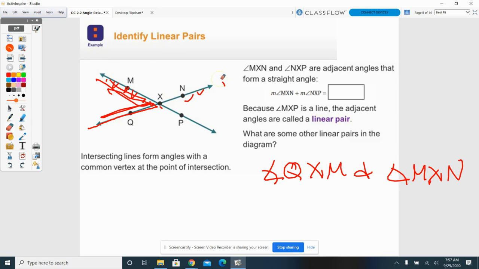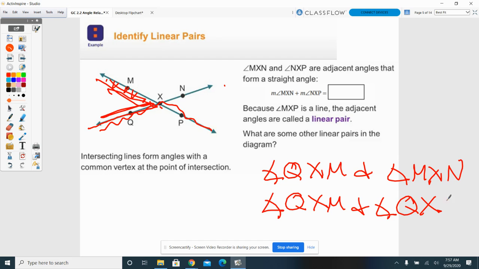Or I could have gone the other way, and I could have had a straight line over here, which is angle QXM and angle QXP, because there's a straight line either way that you go. And there should be one more straight line, I would think.